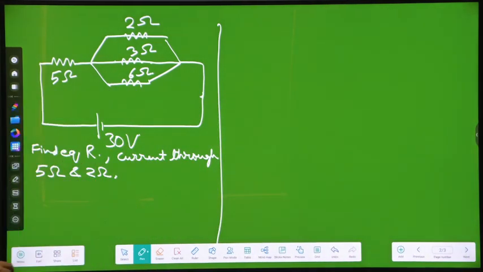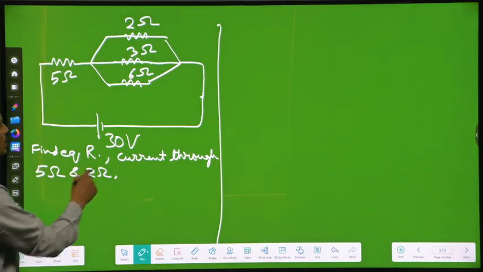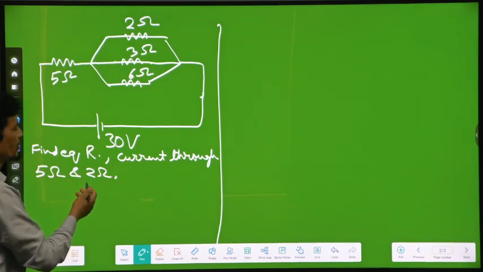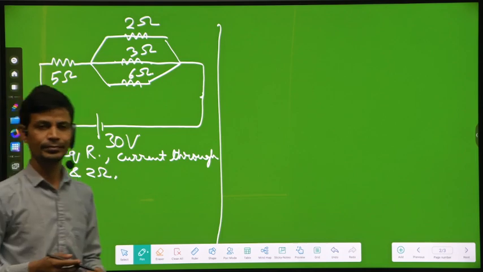Or they can directly ask to find the current through 5 ohm or 2 ohm or whatever.